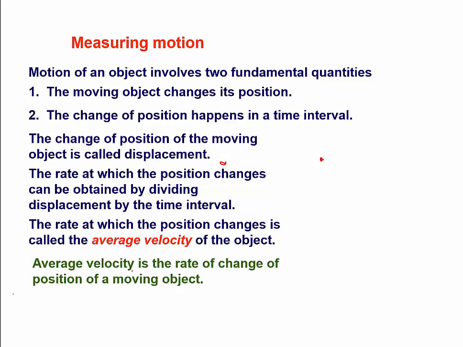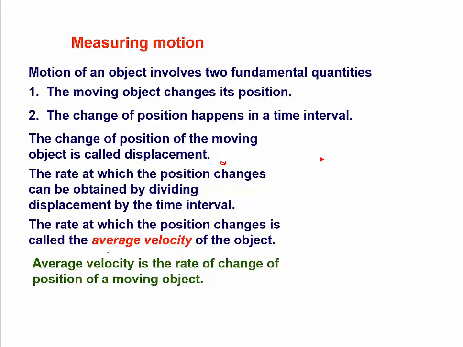Now, what is the difference between velocity and speed? Average velocity is the rate of change of position. Now remember, change of position always occurs from one position to another position. There is a direction associated with it.